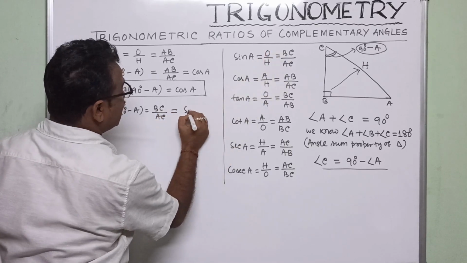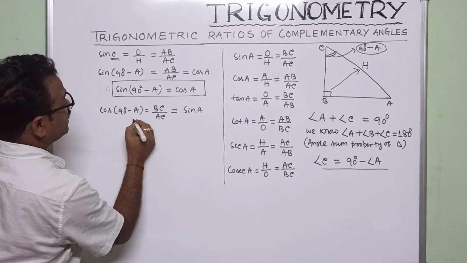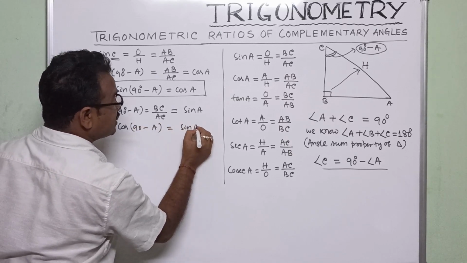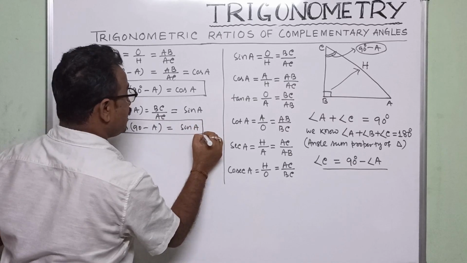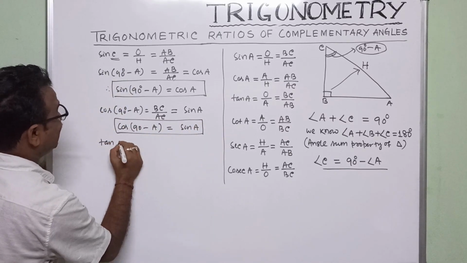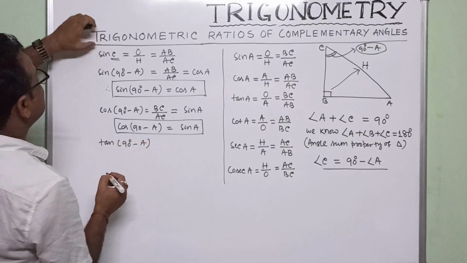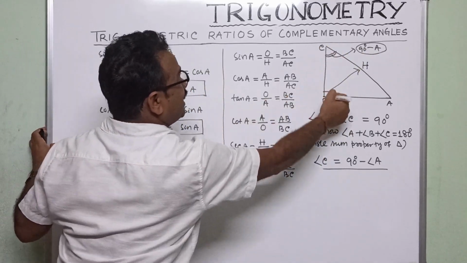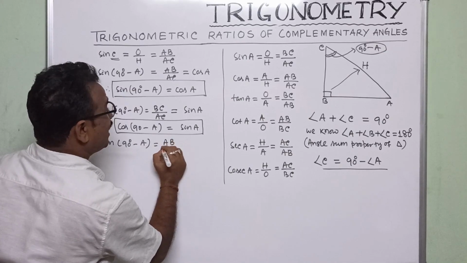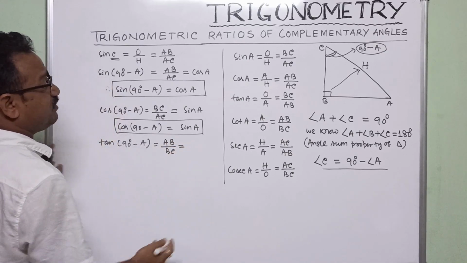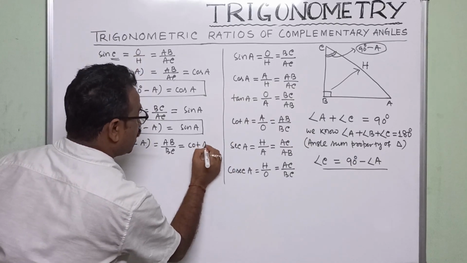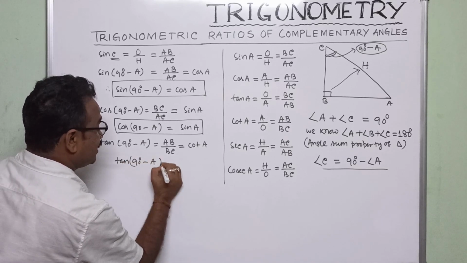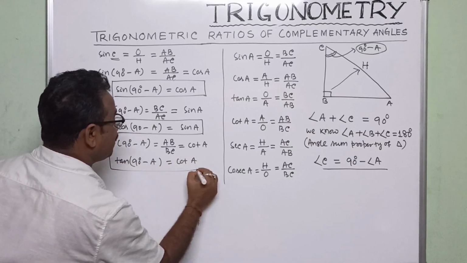So BC by AC is sin A. So cos 90 minus A is equal to sin A. Now come to tan 90 minus A. In place of C, I am writing 90 minus A. So tan 90 minus A is AB by BC, opposite by adjacent, which is cot A. So tan 90 minus A is equal to cot A.